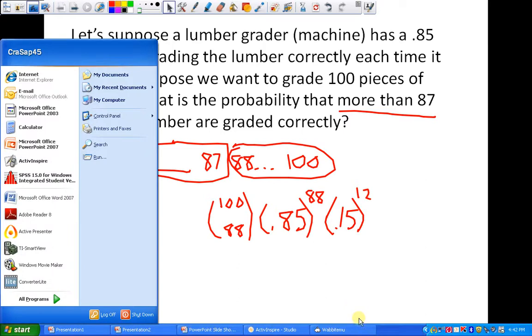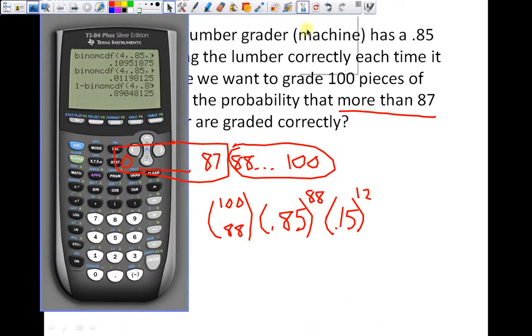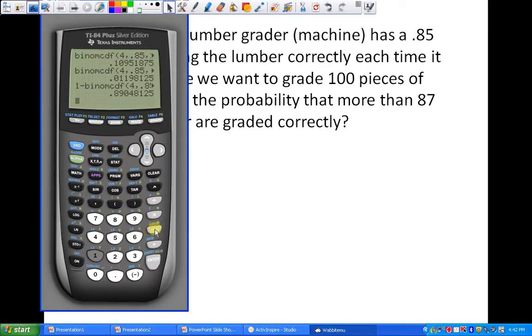So for our last problem, we have 1 minus, I'm going to go to this prompt again. This time we have 100 trials, our probability of success is still 0.85.